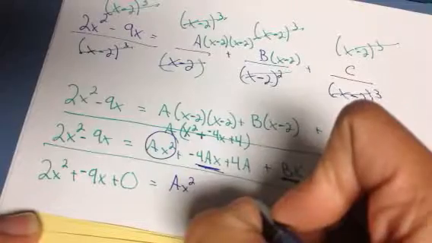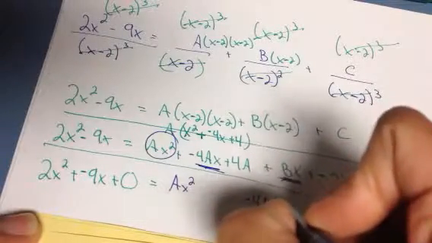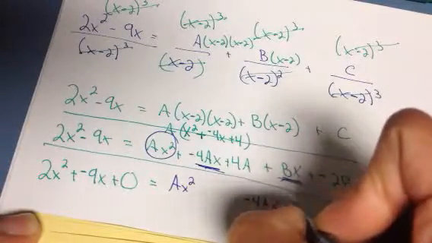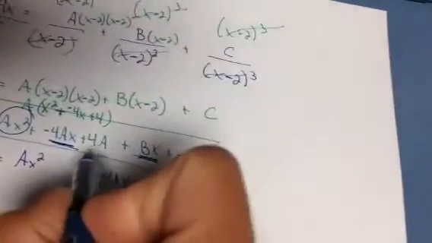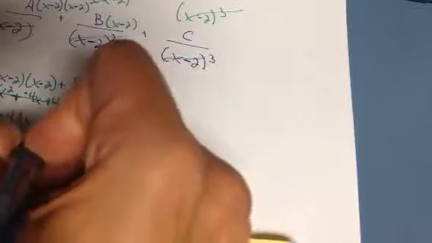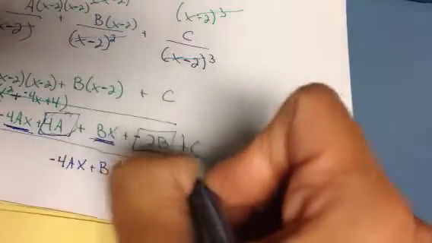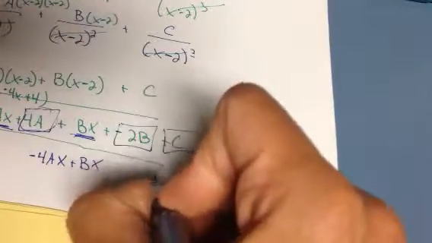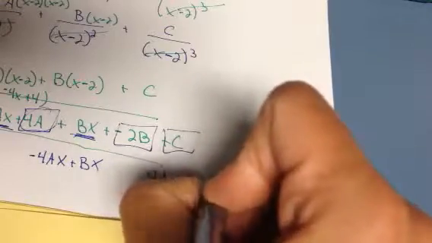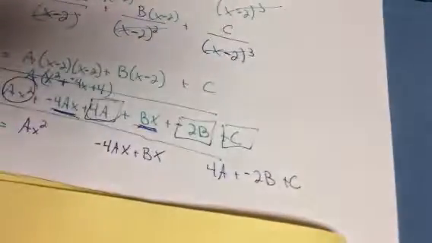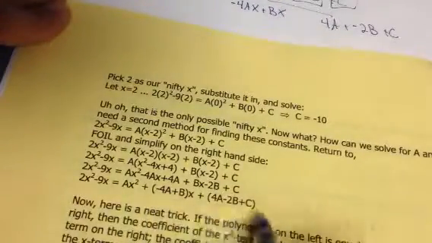So I'm going to kind of separate this out. And then she puts all the non-x terms together. So 4a, well, let's put a box, negative 2b and c. So 4a plus negative 2b plus c. Okay? So we're getting to where she is here.